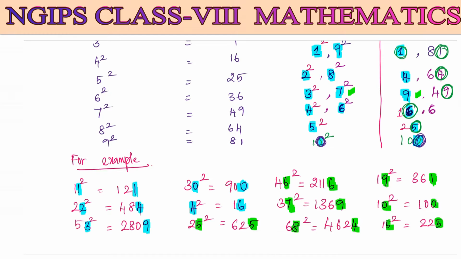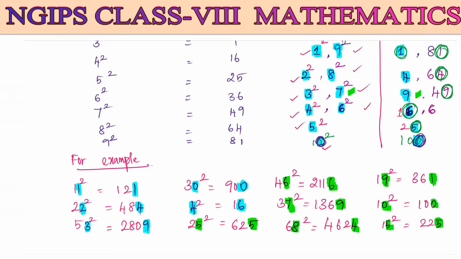Now if you look at these numbers, in the number system we have only 10 digits, from 0 to 9. We have 0, 1, 2, 3, 4, 5, 6, 7, 8 and 9.